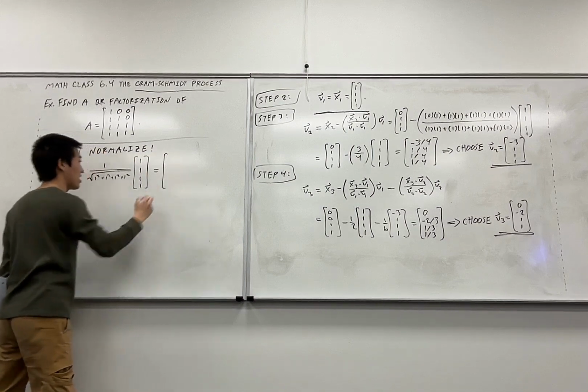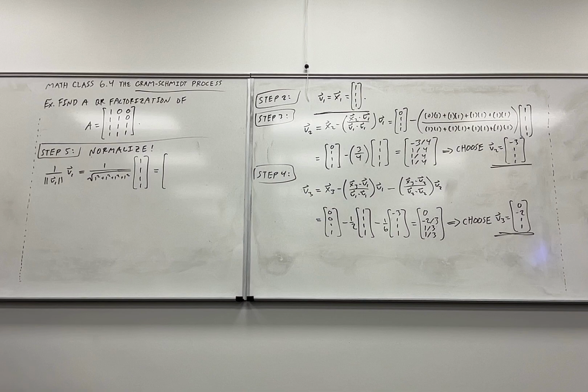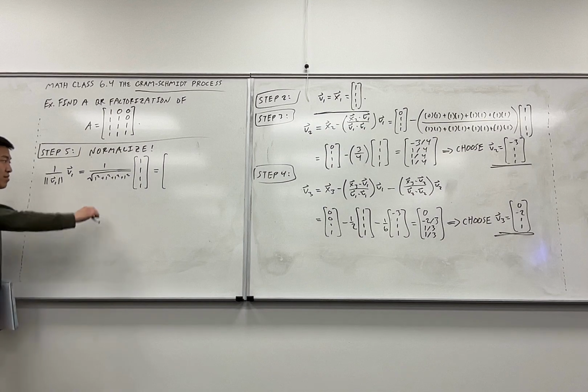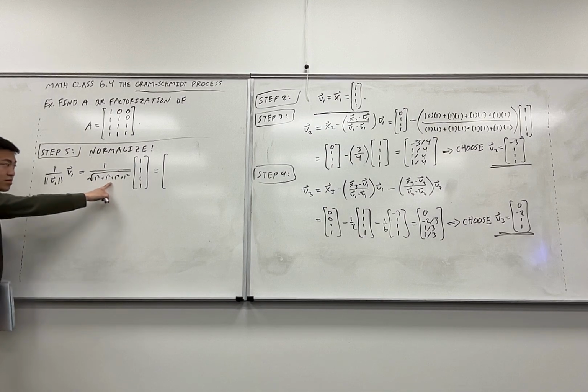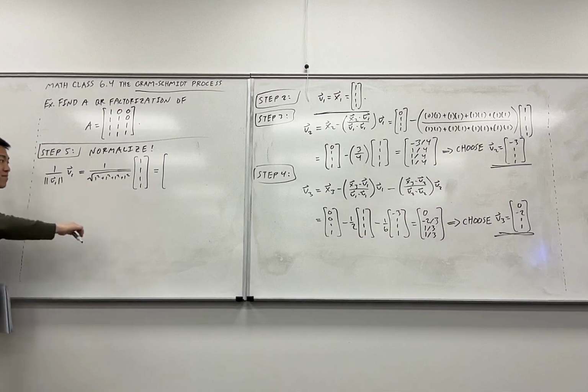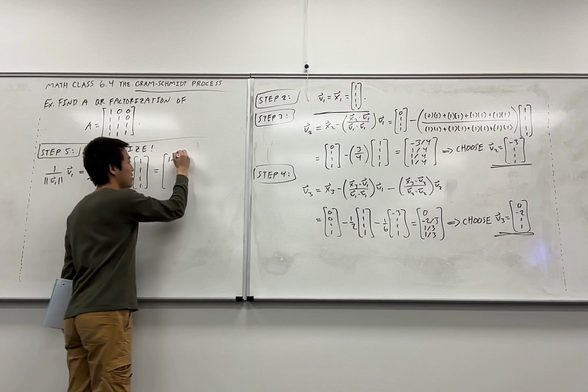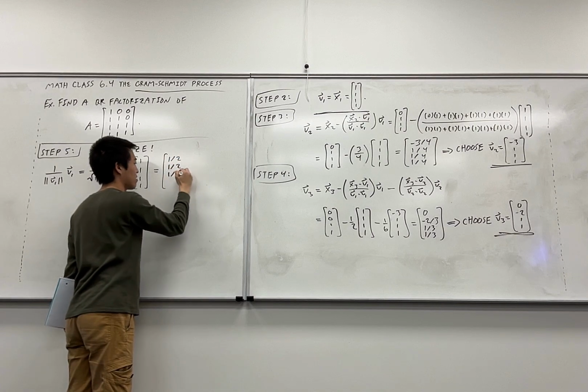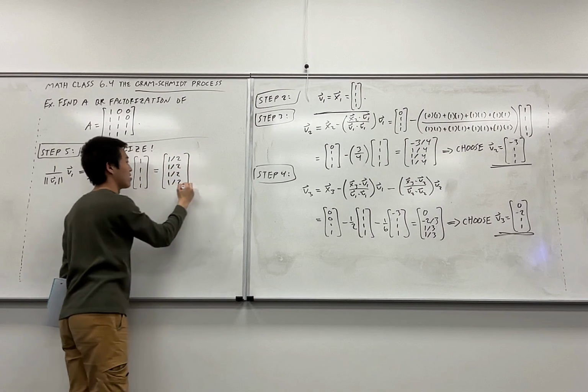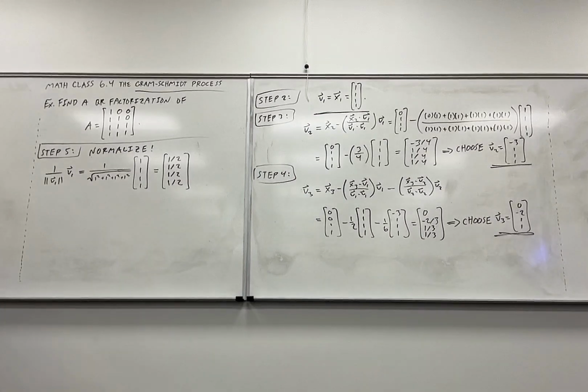So what is my normalized version of V1? 1, 1, 1, 1, because it's 1 over 1? Oh wait, it's 1 half. It's 1 half, because the square root of 4 is 2.